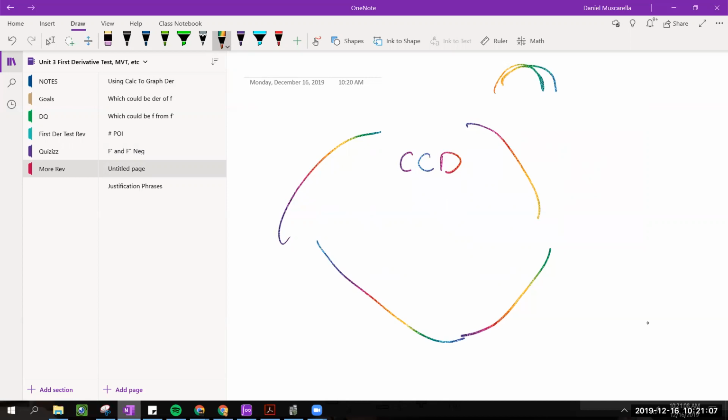So that means your original function will be concave down. But the parts on the bottom that are kind of like a cup are going to be concave up. But then your tangent line, you could either have a tangent line right here or right here. Both of those tangent lines are when your first derivative is positive.